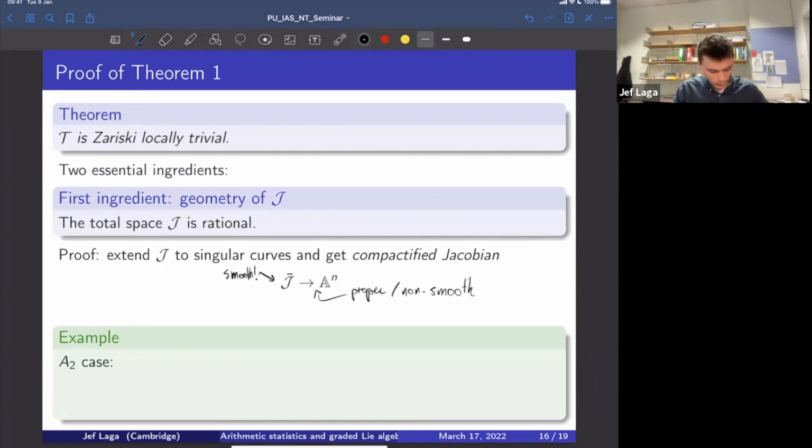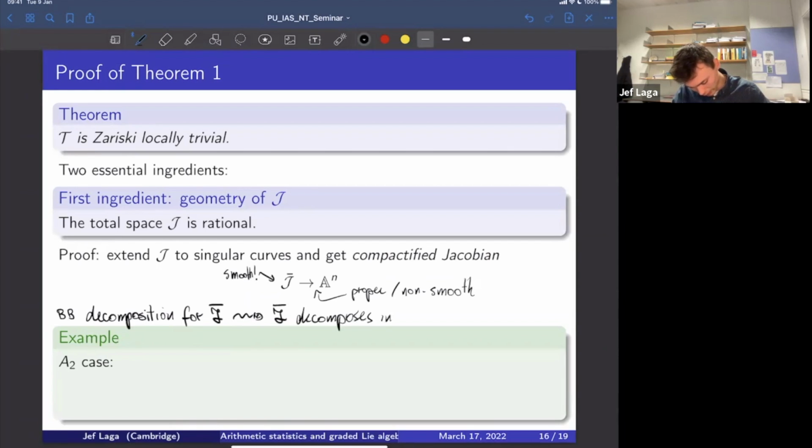And in fact, the Bialynicki-Birula decomposition, which is a tool often applied in, for example, geometric representation theory, for a certain G_m action, torus action on the compactified Jacobian, implies that this decomposes into affine spaces.